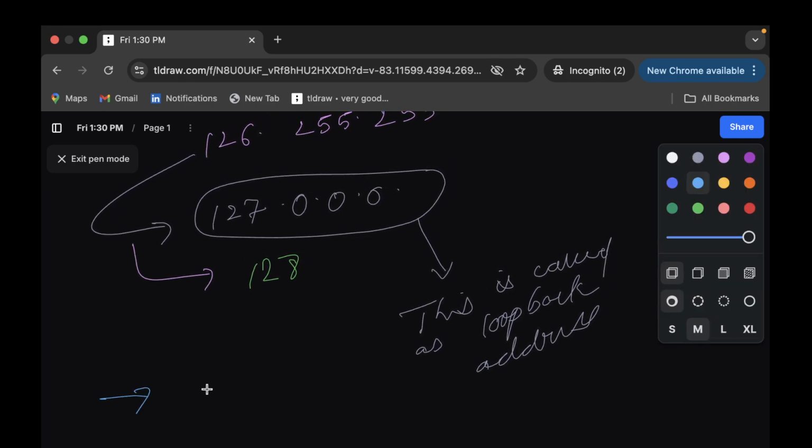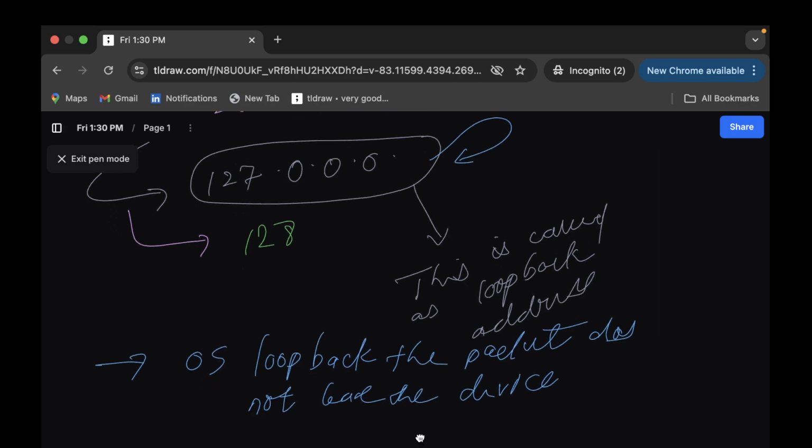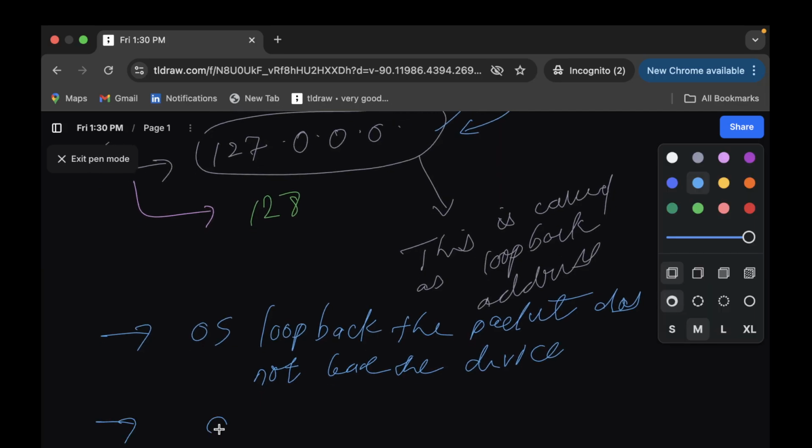Whenever the OS sees the loopback address, it is like sending a message to the computer itself. The packet does not leave the device itself; instead it just goes back to itself. It's a diagnostic tool to verify.